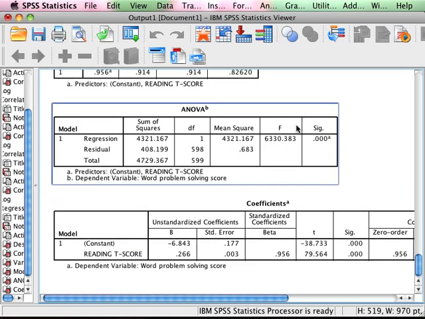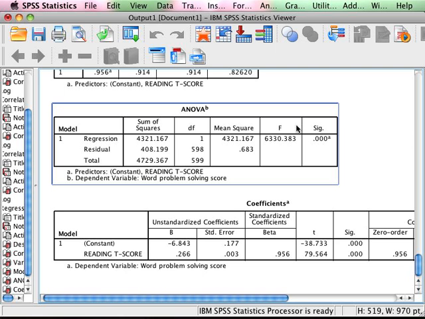Looking down below, every time my reading score goes up 1 point, how will my word problem solving score change? Will it go up or down? How many people say it'll go up? You are correct. How much will it go up?